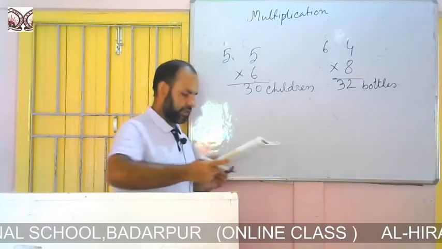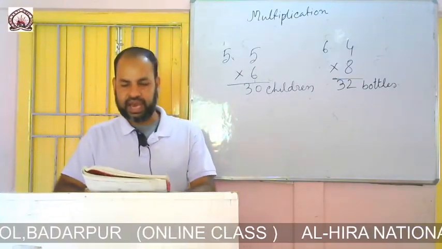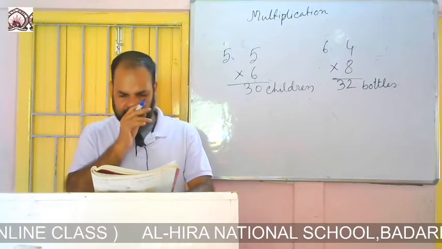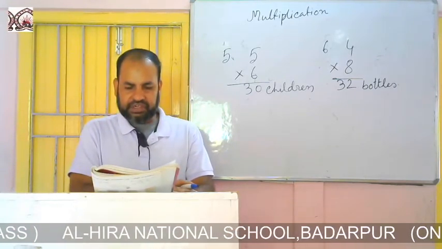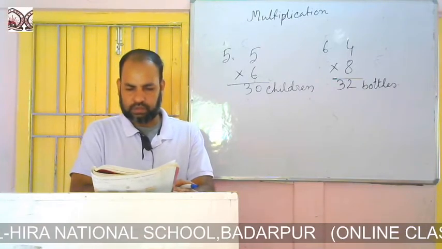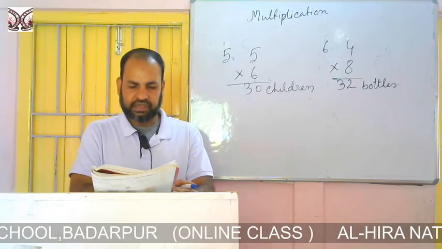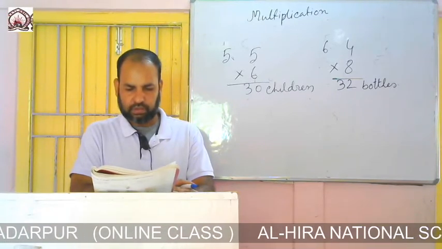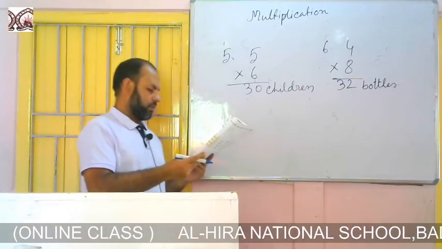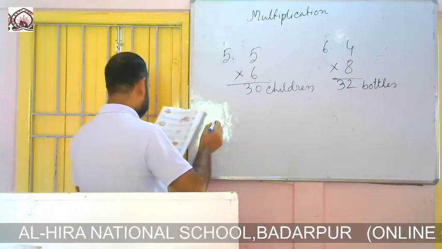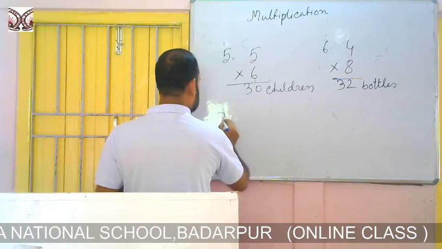Next, a tailor has to make 9 shirts. For each shirt, he needs 7 buttons. How many buttons does he need in all? Question number 7.